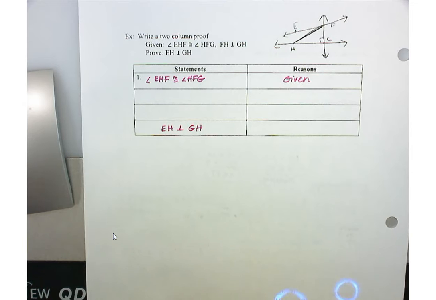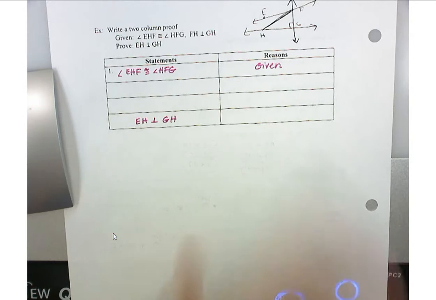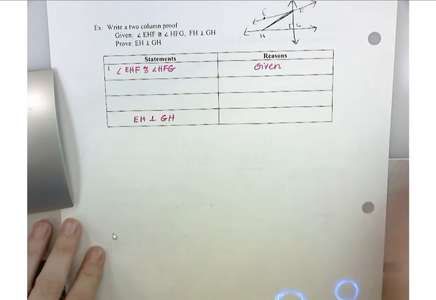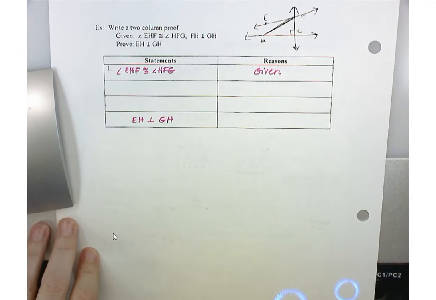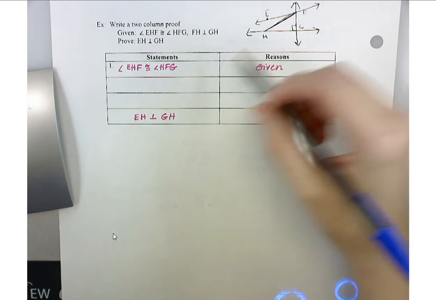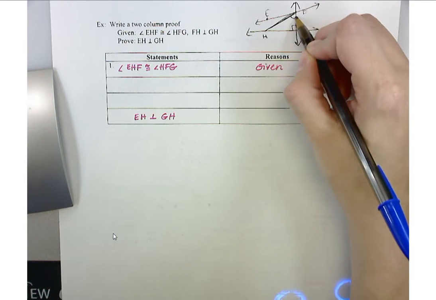It really doesn't matter if you put all the givens in the same step. The only reason why sometimes we put them in separate steps is because each one of these is going to lead to something else. Now, whenever I put something in my proof, I want to mark that off in my diagram. So if I say that angle EHF is congruent to HFG, I'm going to label that. So I have HFG right here.